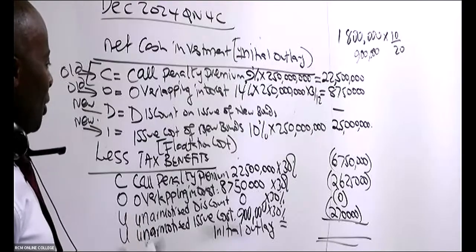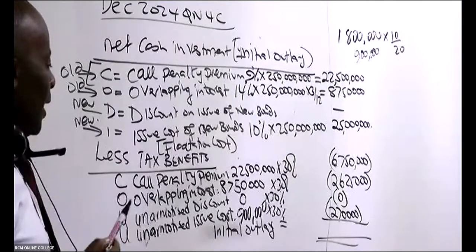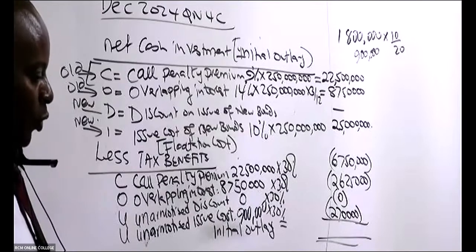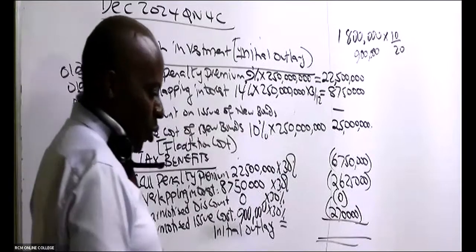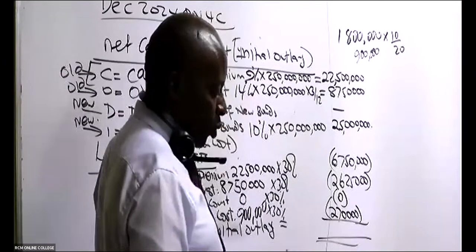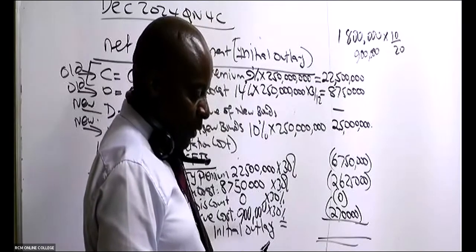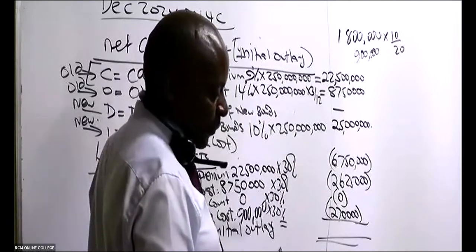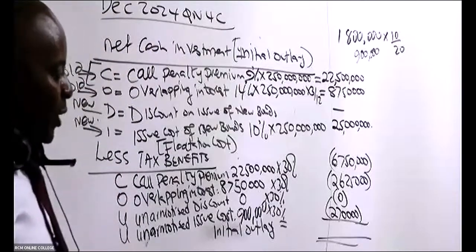So you remember, the cost of debt goes hand in hand with what here? Together with the tax benefits. So how much do we have there, my friends?